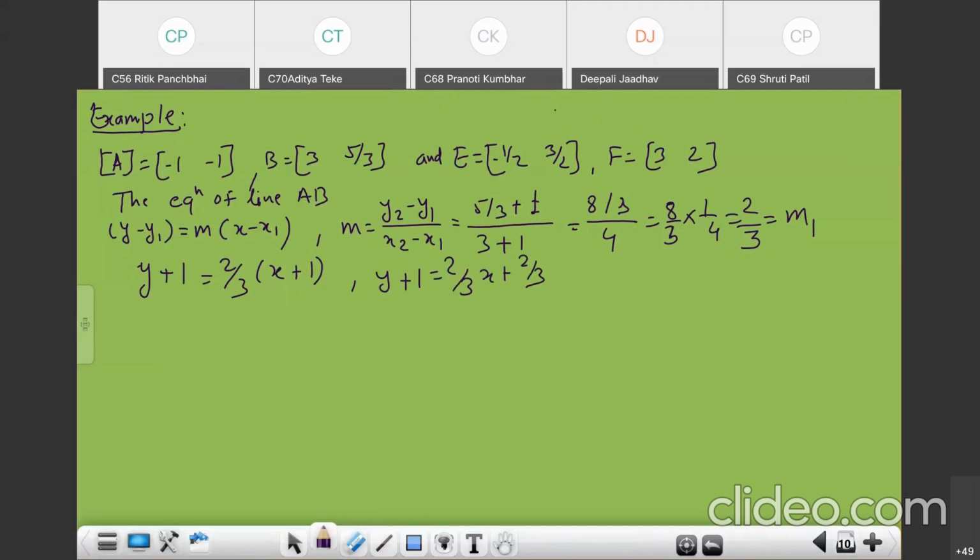In short, if we simplify it, it is minus 2 by 3x plus y is equal to minus 1 by 3. So that is the equation of line AB.